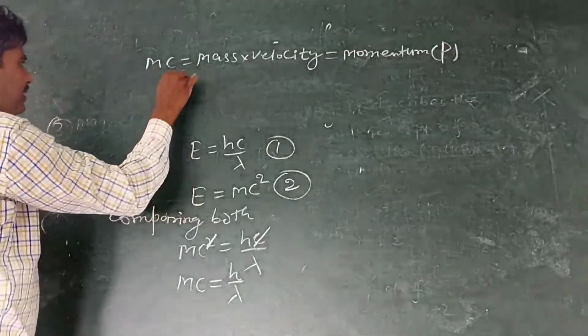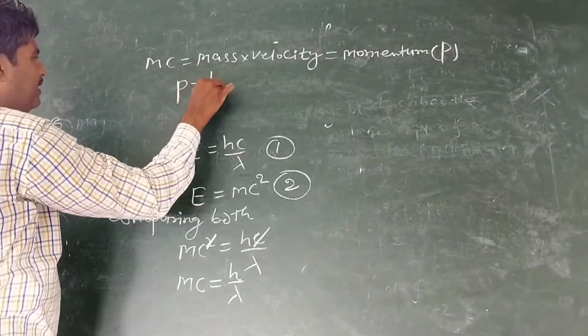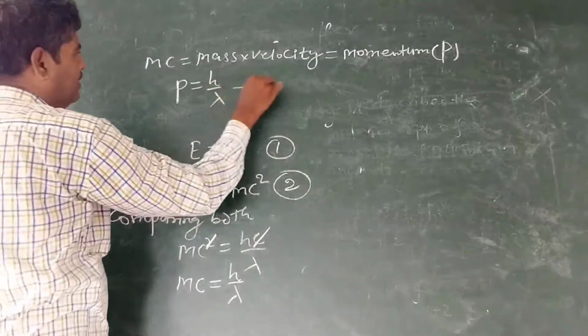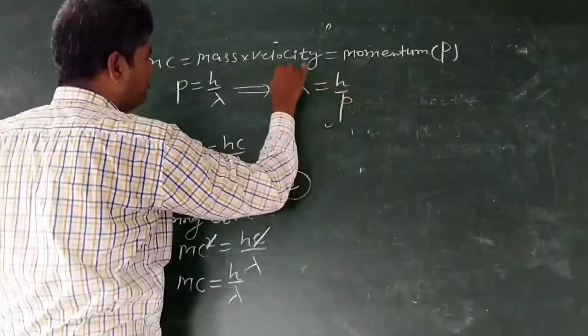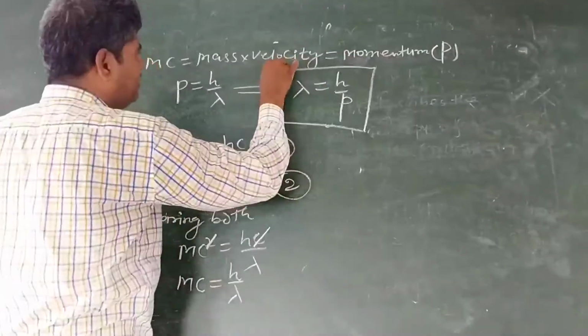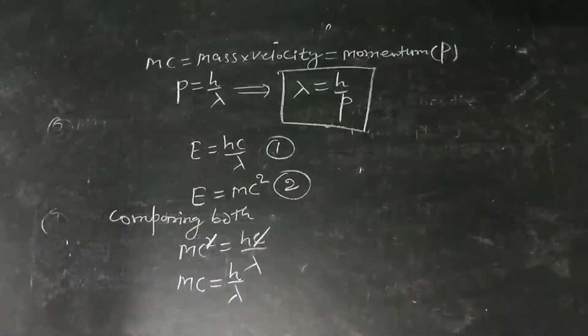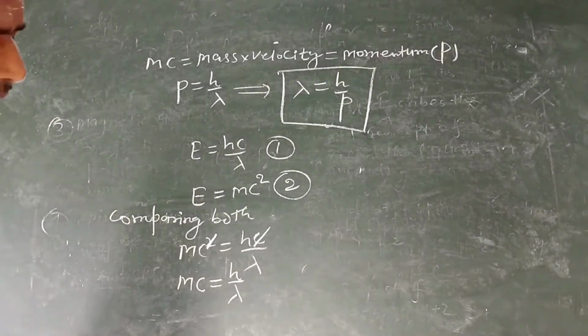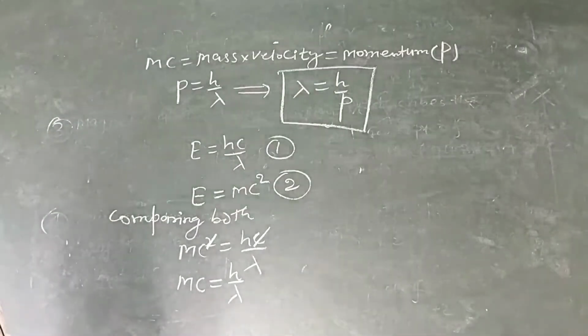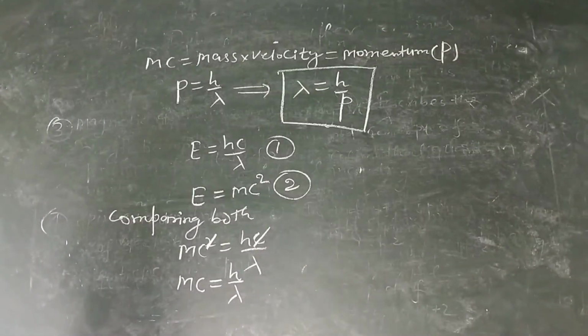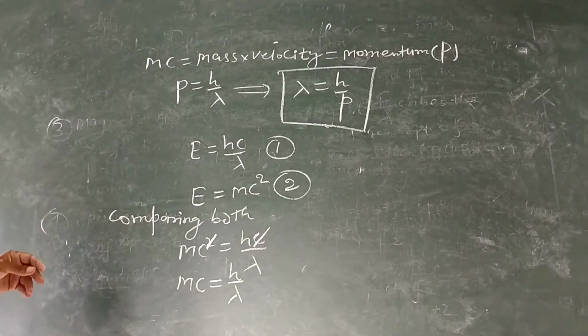So p is equal to h upon lambda, which implies that lambda is equal to h by p. This is known as the de Broglie equation. It is applicable only for the smallest particles, that is for micro bodies, not for macro or bulky or huge bodies.